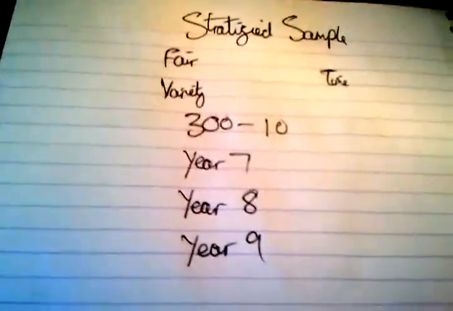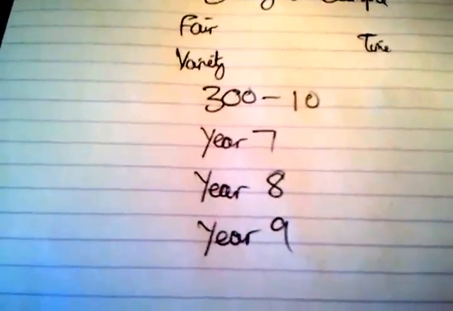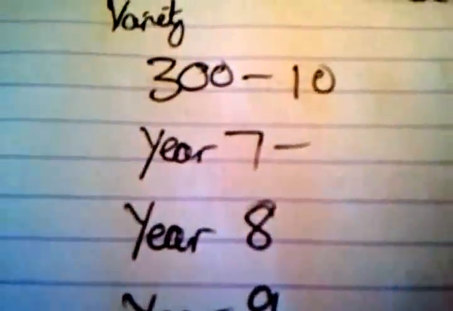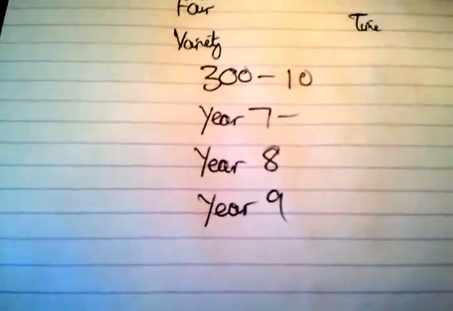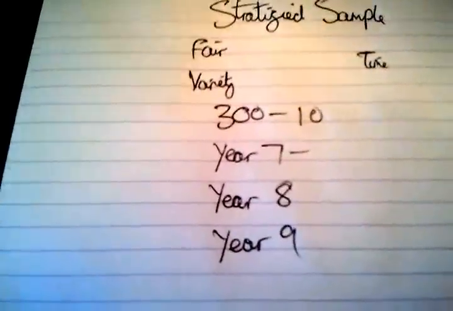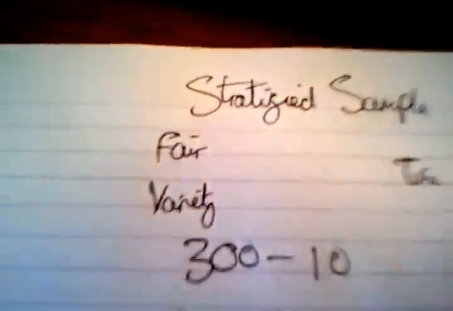I could do a random sampling of "Do you enjoy homework?", and in that random sampling all of them could be year 7s. The problem with that is it's not a variety, because I would like some year 8s and year 9s, so I have a range of data. But in random sampling, it's random, so it could happen, it couldn't happen. With stratified sampling, this always happens.